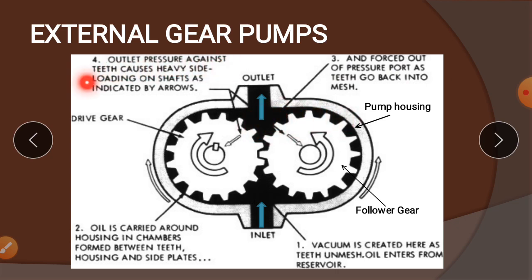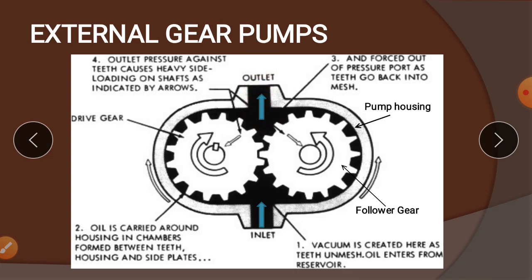Outlet pressure against the teeth causes heavy side loading on the shaft, as indicated by the arrow. This side loading takes place in both directions, and it makes higher pressure at this portion, making the liquid move in the outlet direction.